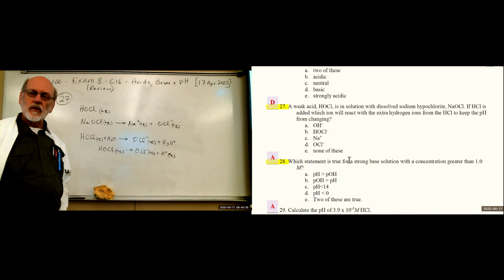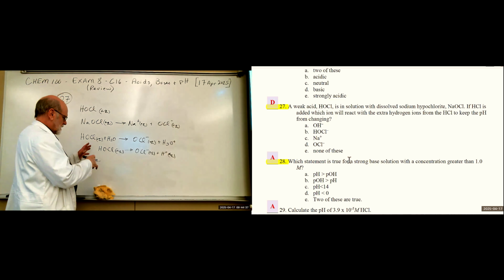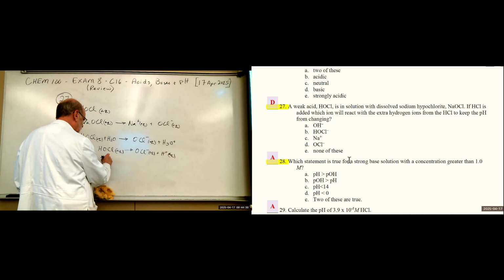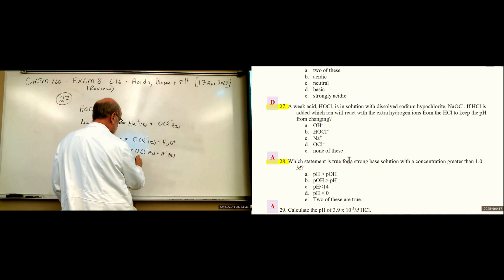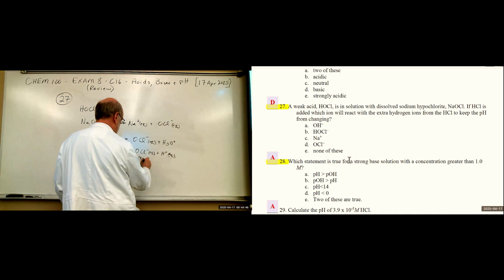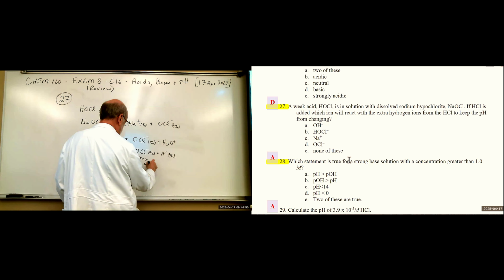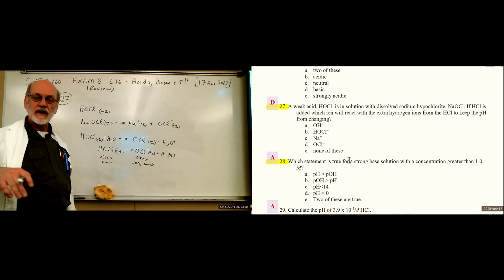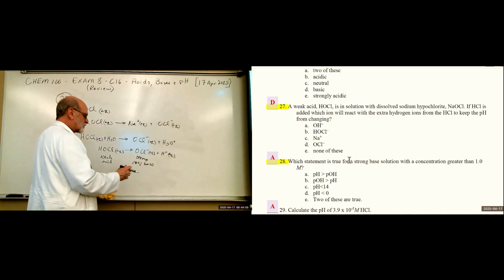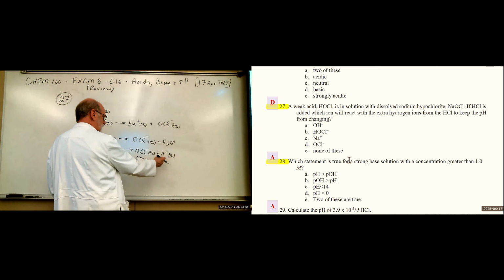So when we add acid to this, if this is a weak acid, and we know it is, that means this is a strong conjugate base. And if we add hydrogen ions, where are they going? Hydrogen ions come in here.